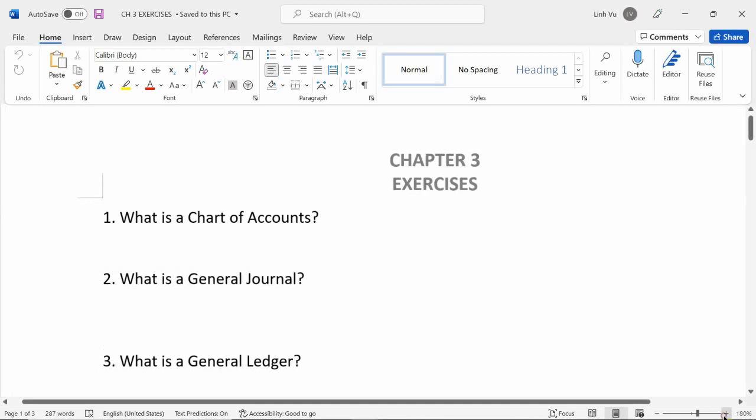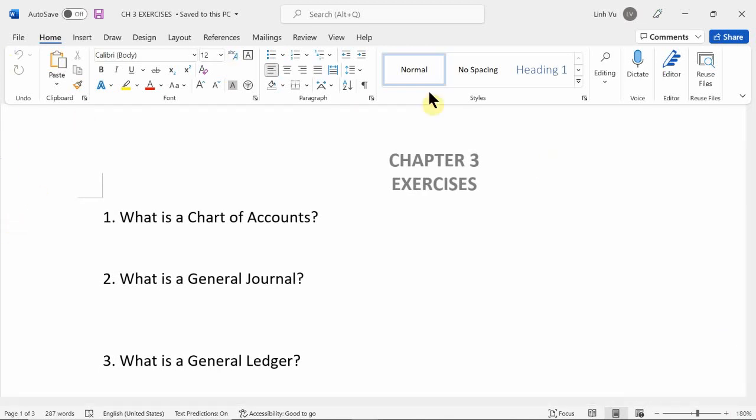Right, first question is going to be, what is the chart of accounts? It is created by the accountant. Yes, but what is it? A record of transactions? Not a record of transactions. The balances? Not the balances.